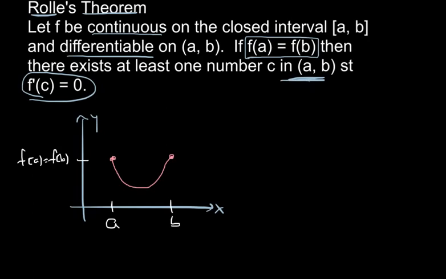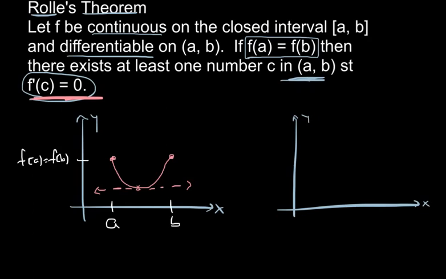Rolle's theorem says that there has to be at least one place where the derivative is equal to 0, and that looks to be true here because we have to have some sort of turning point where we have a horizontal tangent line.